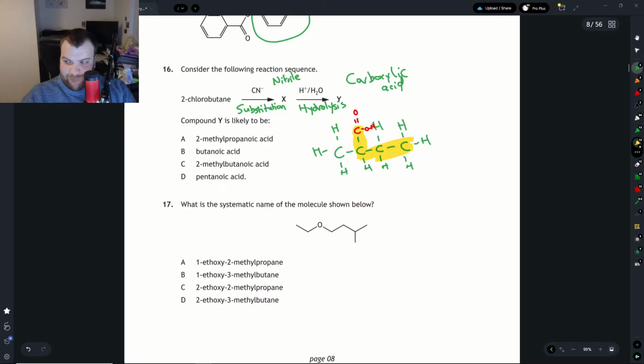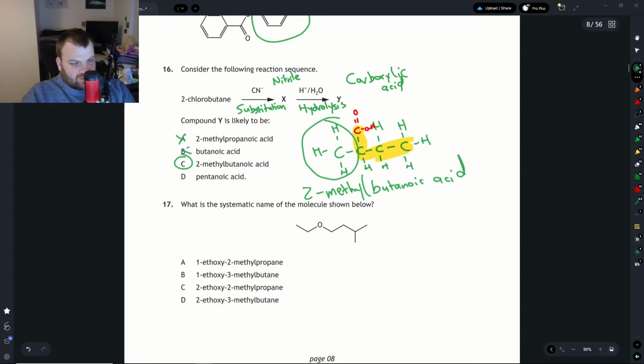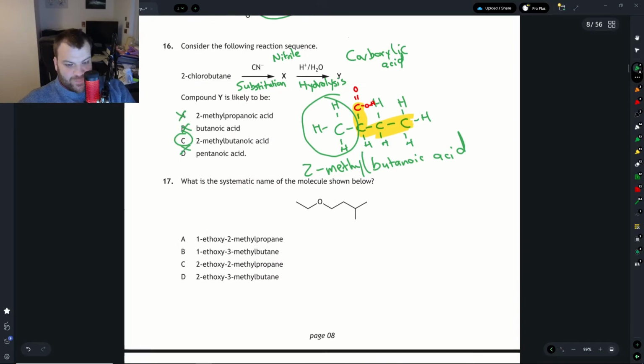That would make it butanoic acid. We've also got a methyl group coming off of the second, so 2-methyl butanoic acid, making C our correct answer.